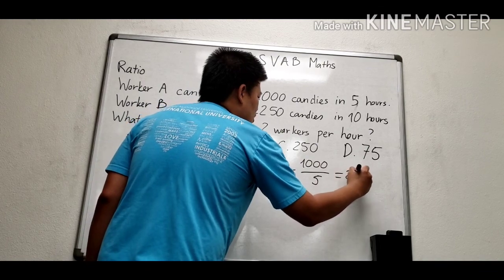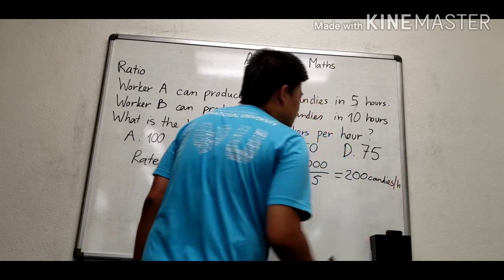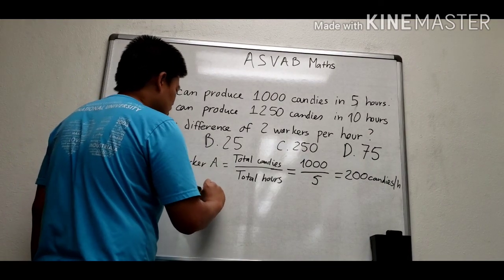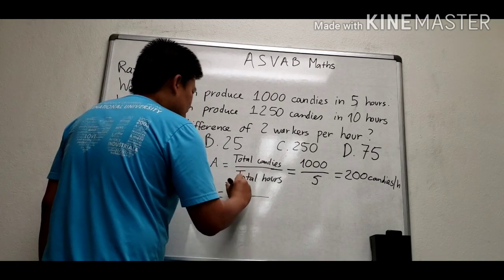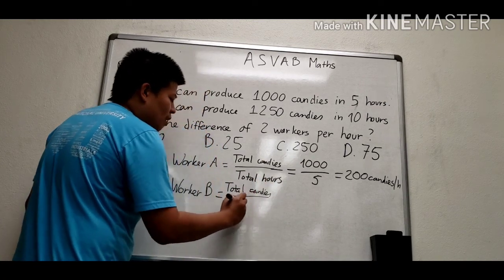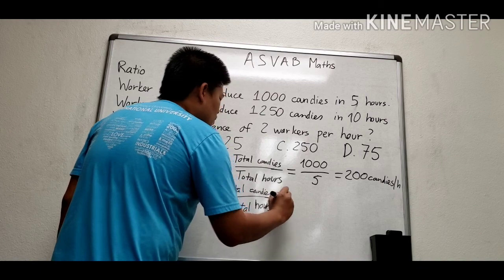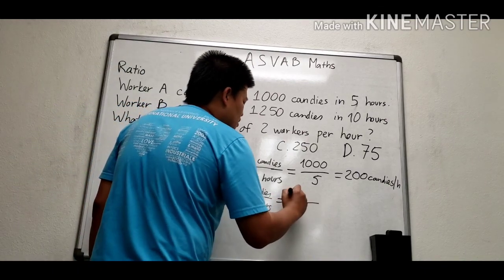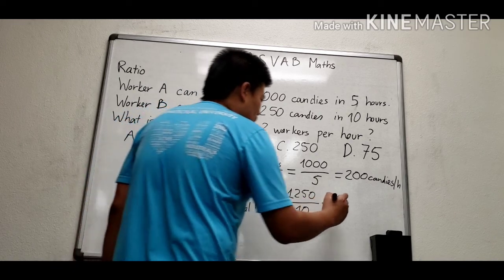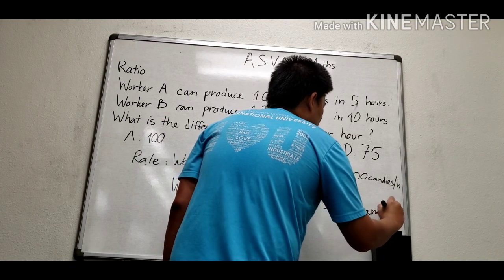So we got 200 candies per hour. Similar for worker B: equal to total candy divided by total hours, equal to 1250 divided by 10, equal to 125 candies per hour.